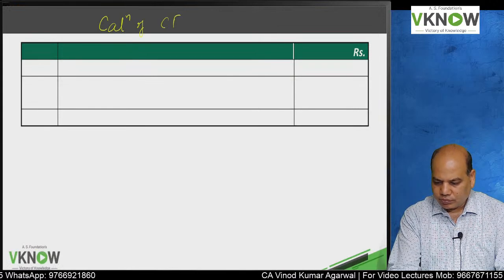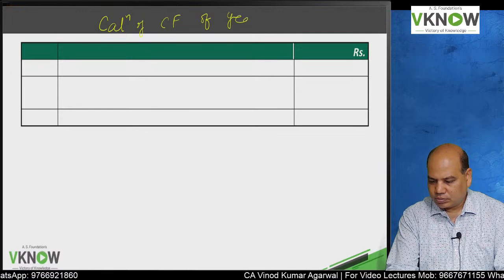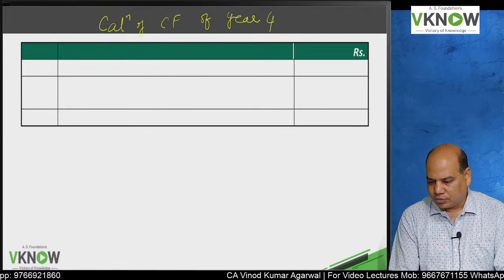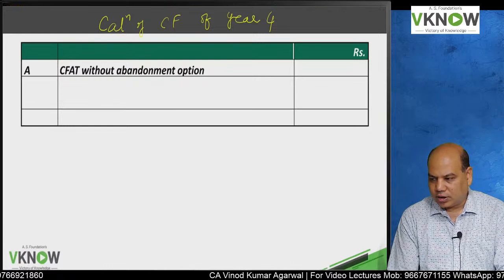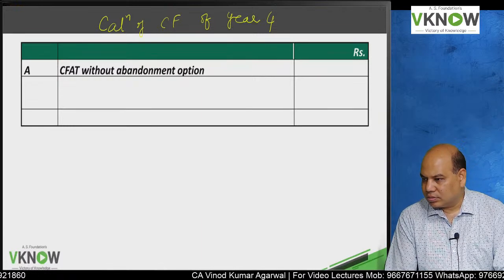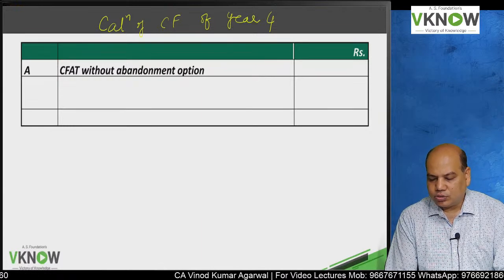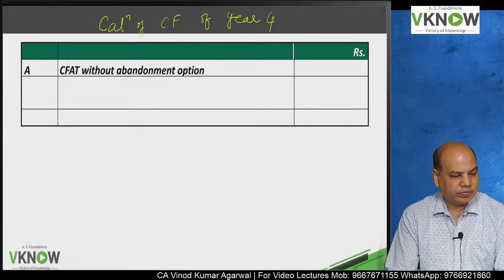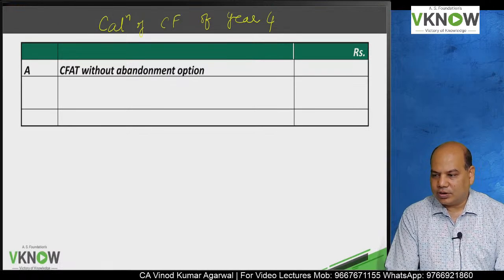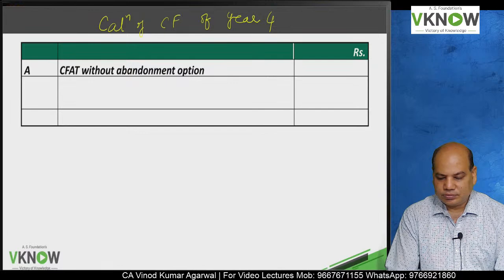Calculation of cash flow of year 4. First write down CFAT without abandonment option.